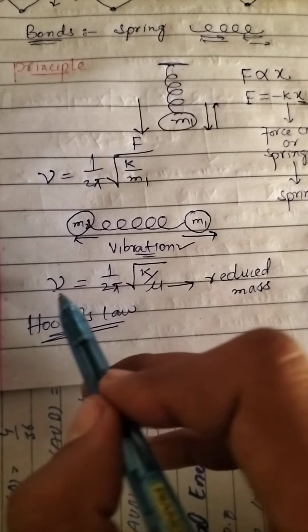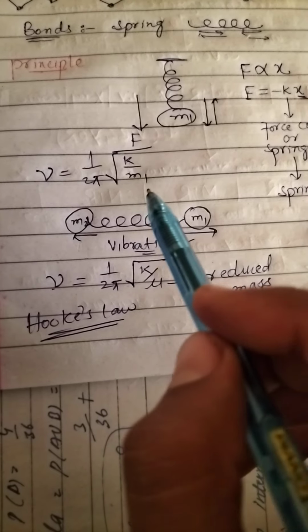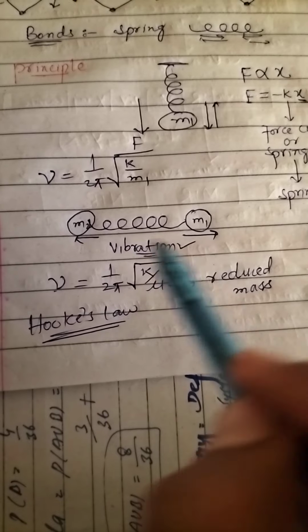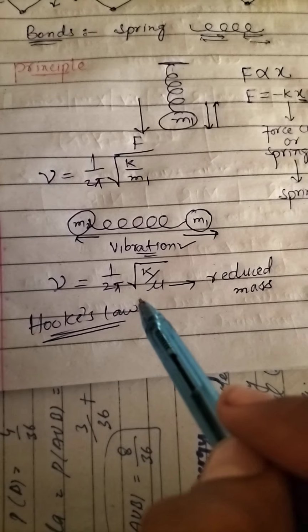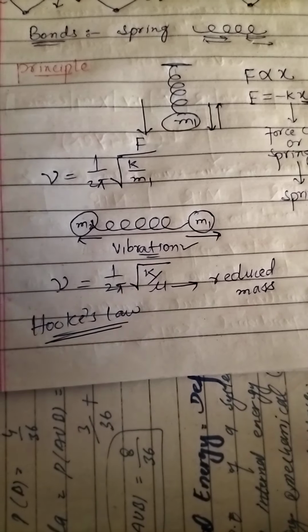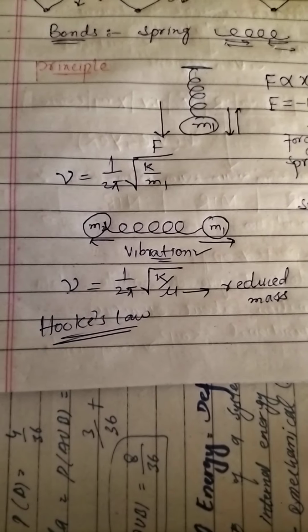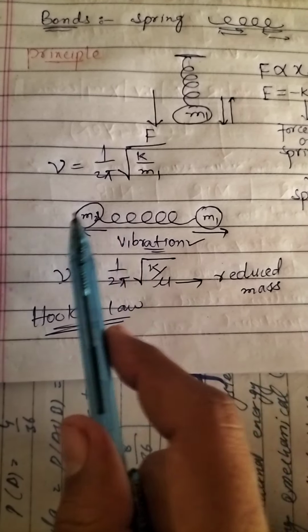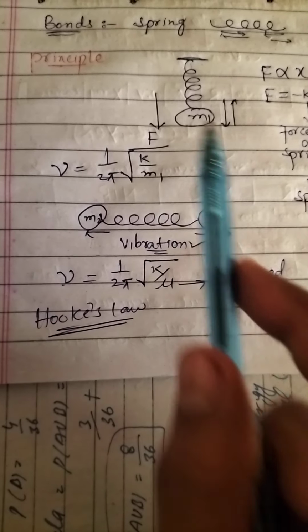Frequency is equal to 1 over 2 pi square root of k over m1 for mass 1, and for two masses 1 over 2 pi square root of k over mu, and mu is the reduced mass of the two atoms. This equation gives us the frequency of vibrations that happen due to applying the force.